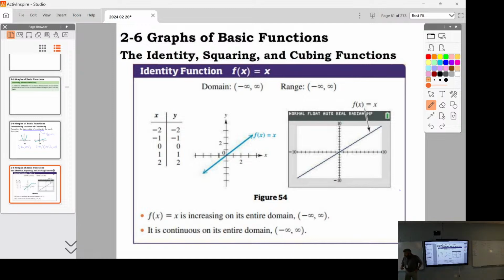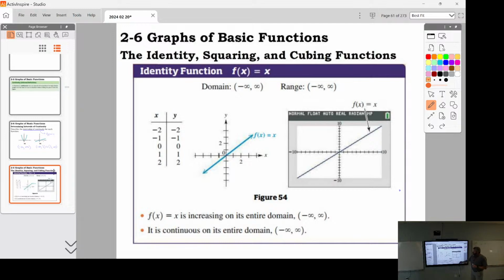All right, we're going to talk about several functions. Just jot down the name of the function, maybe sketch the graph of it, and then make sure you write down the domain and the range of these graphs. The first we're going to talk about is called the identity function. It's called the identity function because if you tell me y, I'm going to tell you x is the same thing. So the identity function is y equals x.